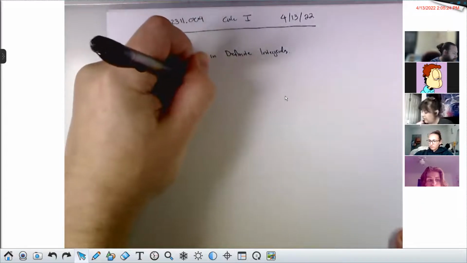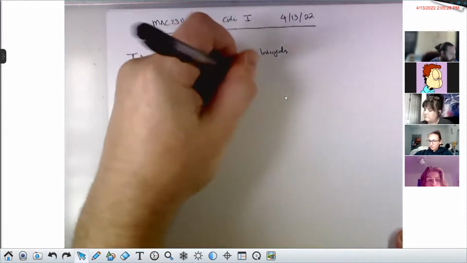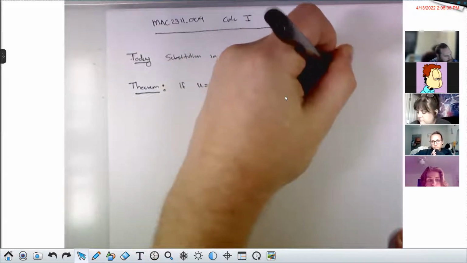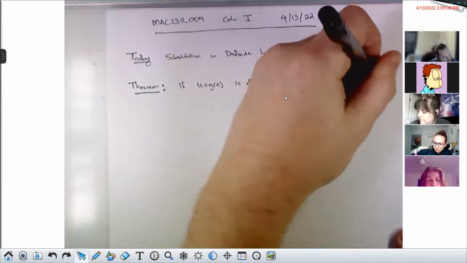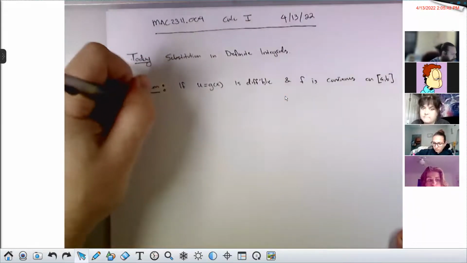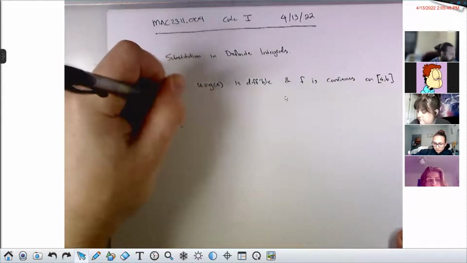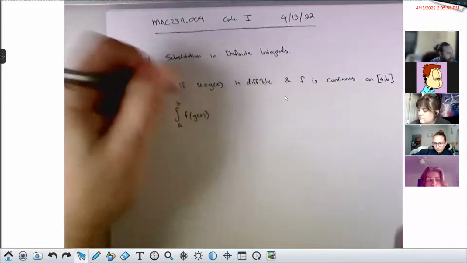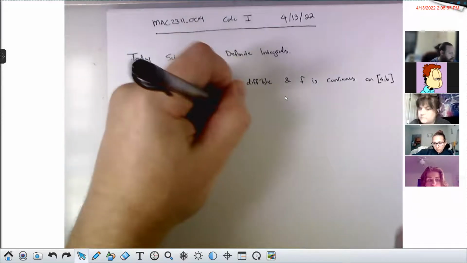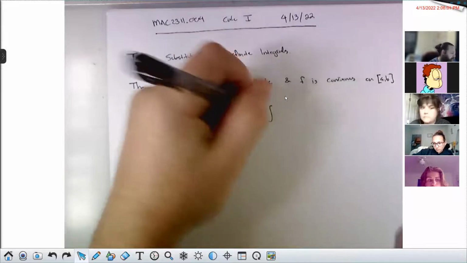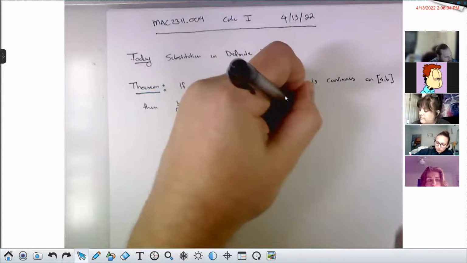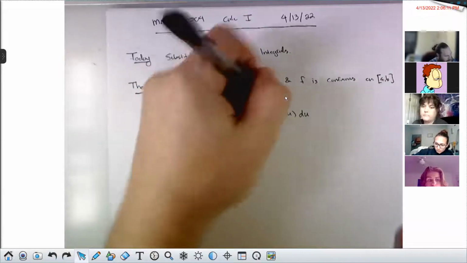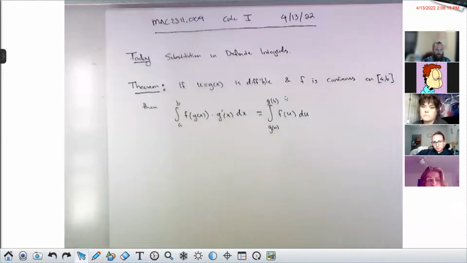If U equals G of X is differentiable and F is continuous on the closed interval AB, then the integral from A to B of F of G of X times G prime of X dx is the same as the integral of F of U du, but now that integral is going to be done from G of A up to G of B.